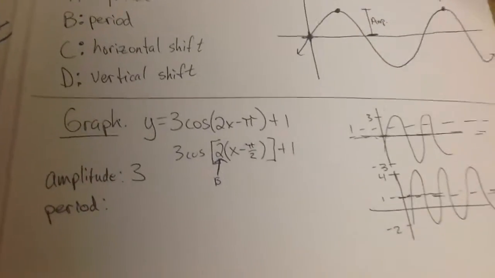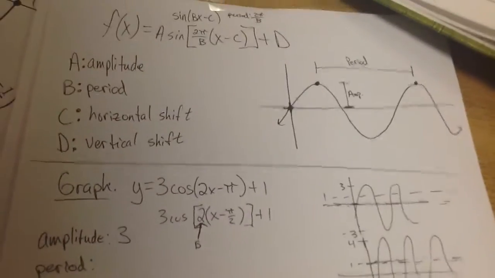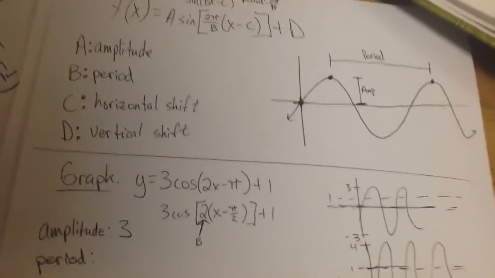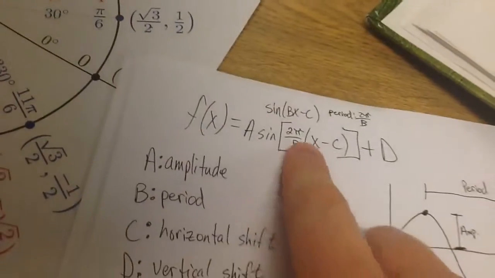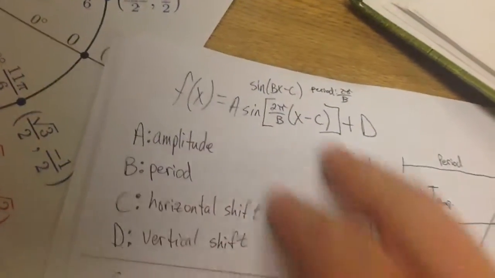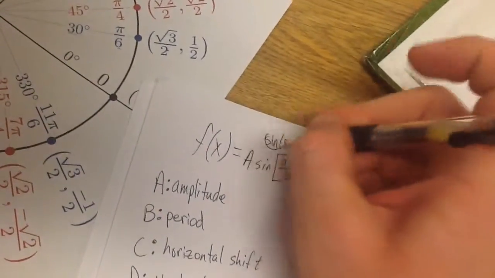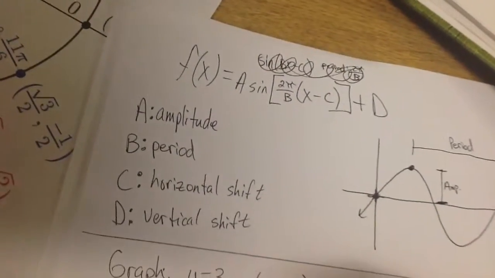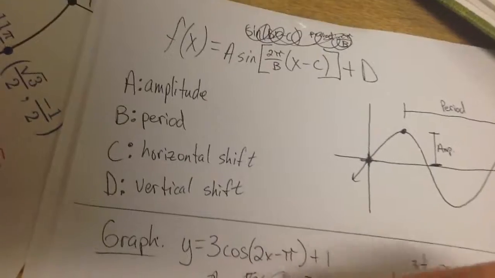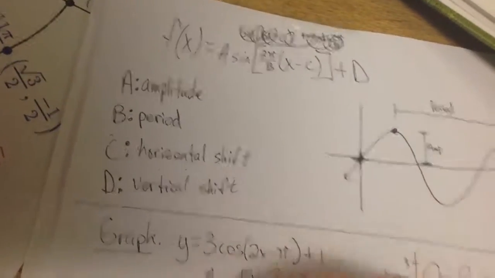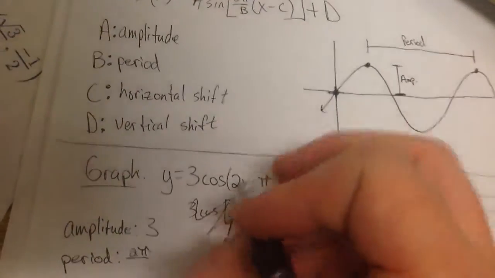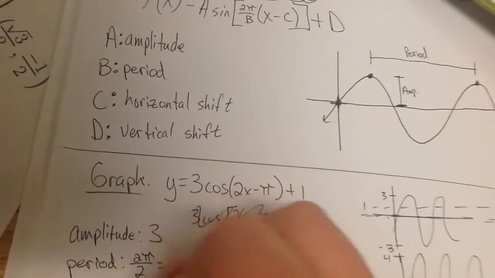I'm talking too much. The iPad ran out of memory, but it's kind of good that it did, because I decided I don't like this. I've always learned, without even doing this factoring, to find the period, you take 2 pi and divide it by whatever the number in front of the x is. So in this case, 2 pi divided by 2 is pi.